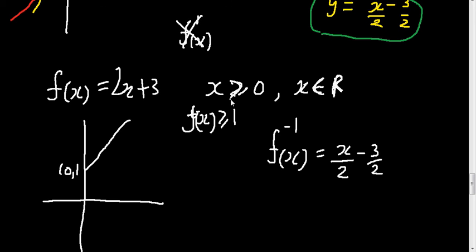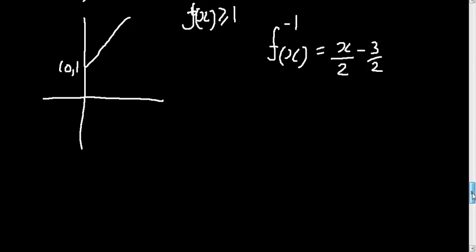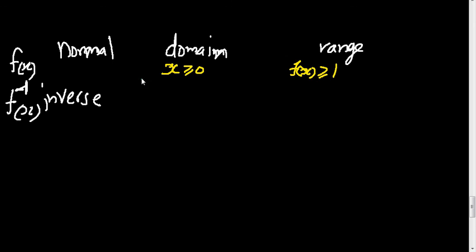What happens when you do an inverse function is, let me write this out clearly. This is the normal function, and that's the inverse function. The domain for the normal function was x greater than or equal to 0. The range for the normal function was f(x) greater than or equal to 1.